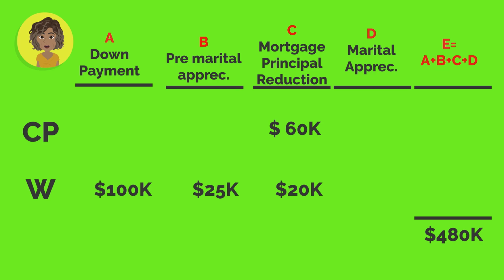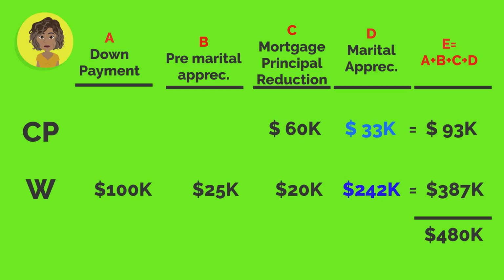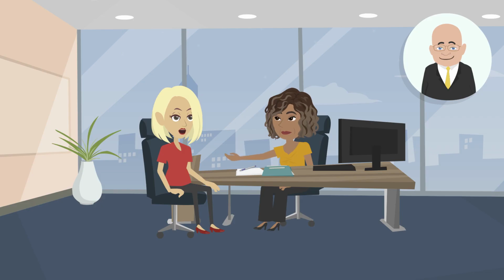Now that we have the allocation of appreciation for column D, we plug in the numbers to our previous schedule in columns A through D. The total is entered in column E. The result of $480,000 in column E should equal the difference between the market values at marriage versus division. The amounts in this example are $525,000 and $800,000. So all checks out.